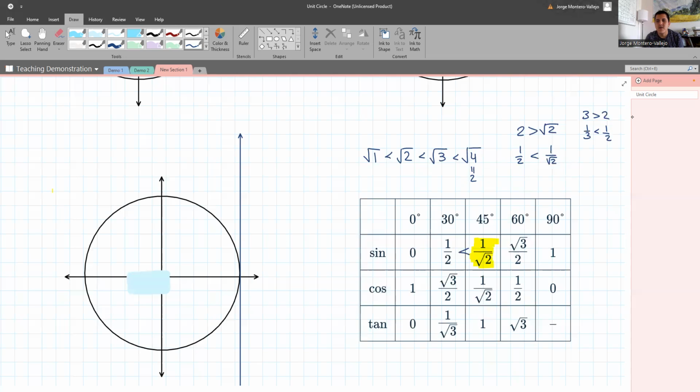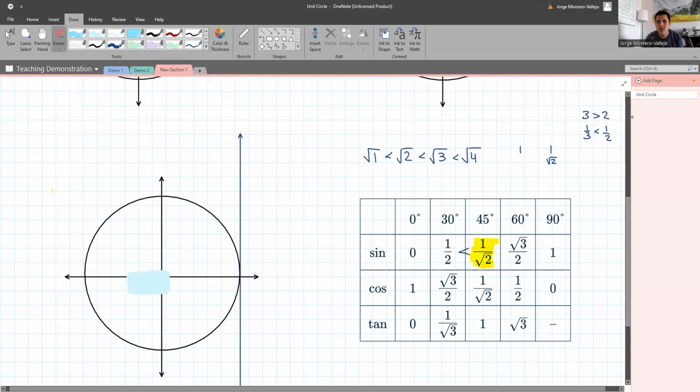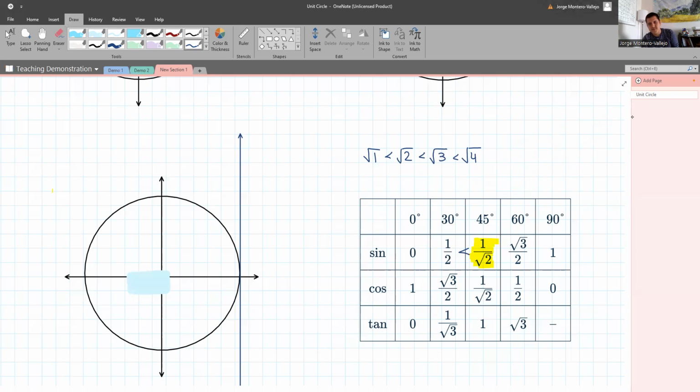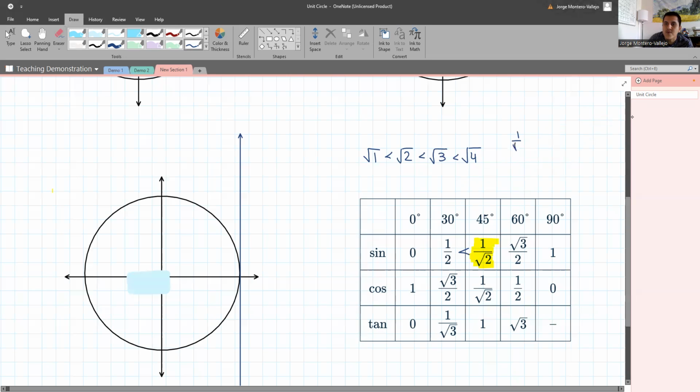Now what else can we do? The next thing we want is to make sure that 1 over the square root of 2 is less than the square root of 3 divided by 2. For this one, I think it's much easier to just remember that 1 over the square root of 2 is the same as the square root of 2 divided by 2.